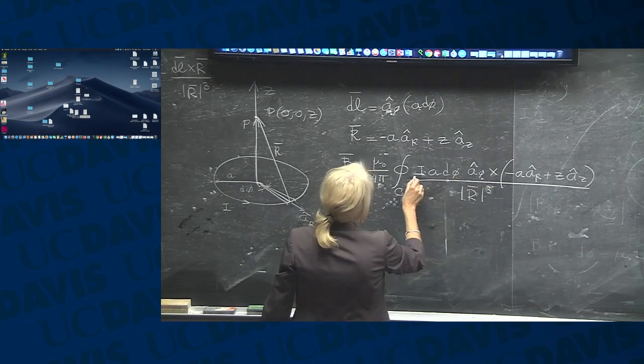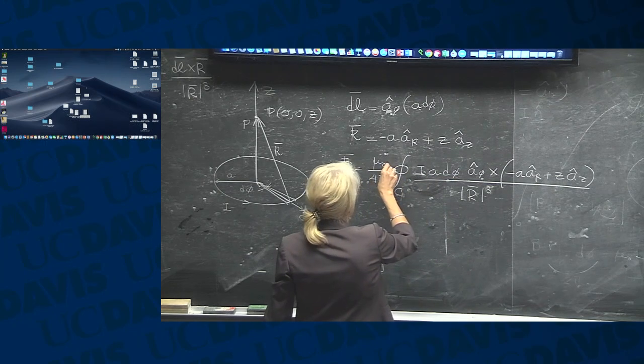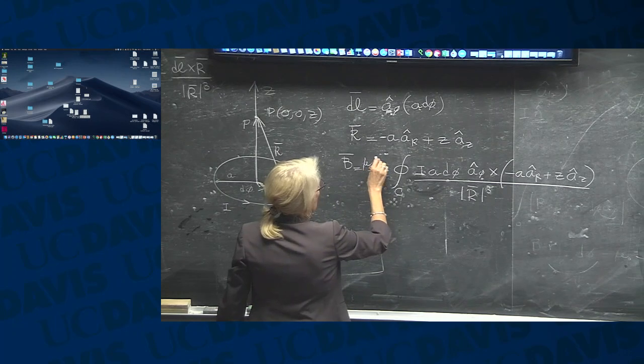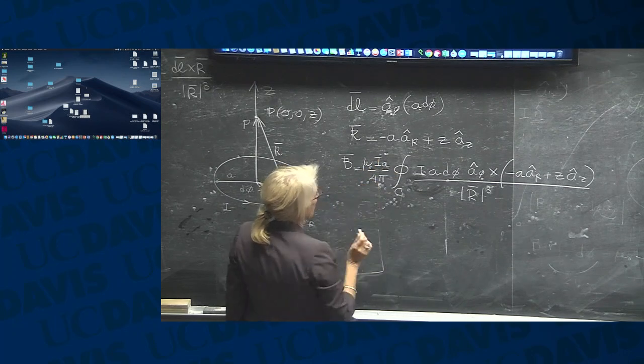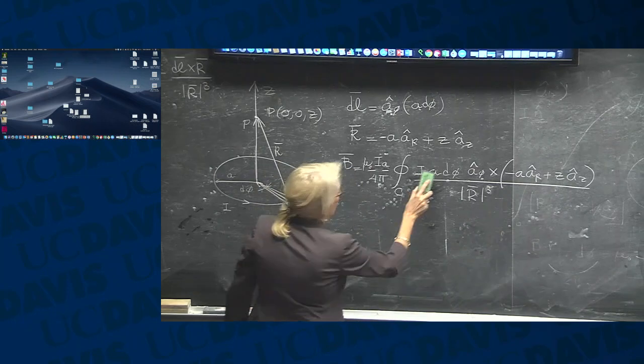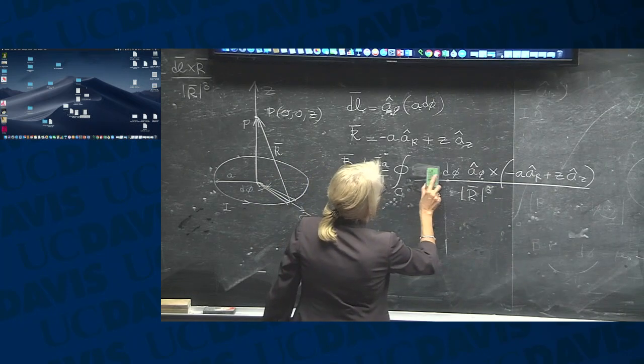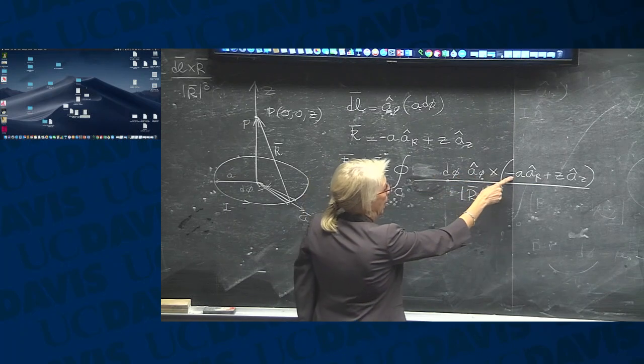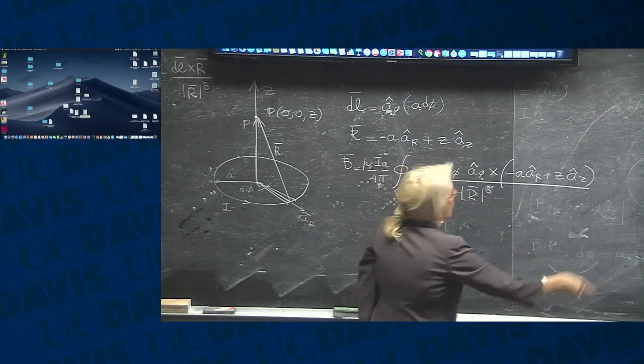In fact, only these ones, we'll move them out of the integral. So I will put them here, and then I will remove them from there. But I have to leave d phi here. And then I have to perform this.